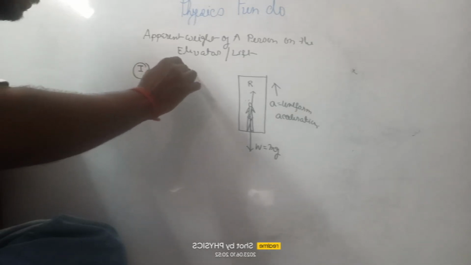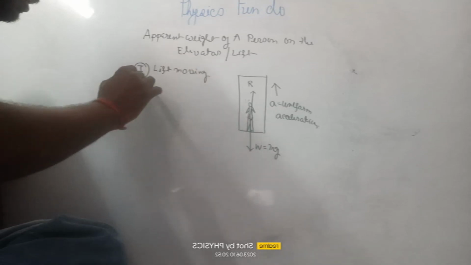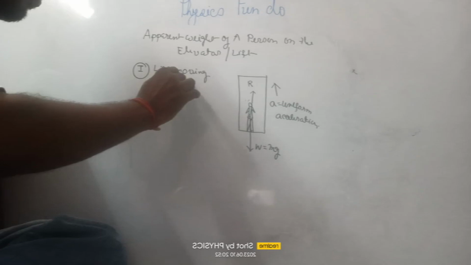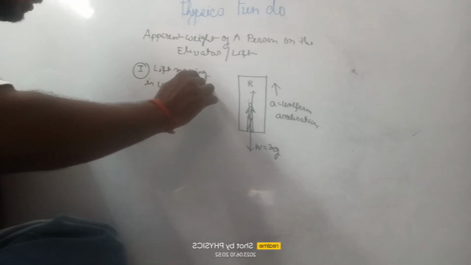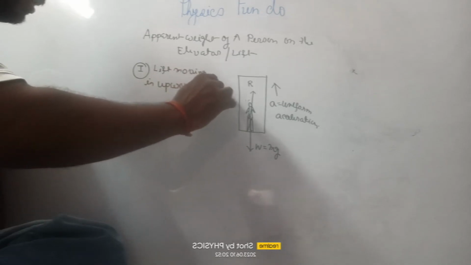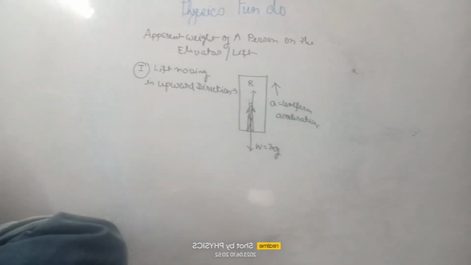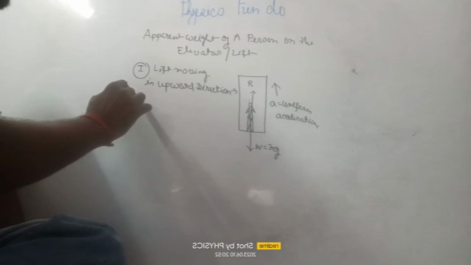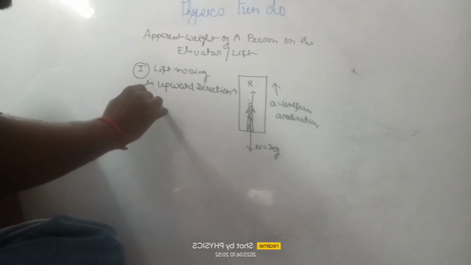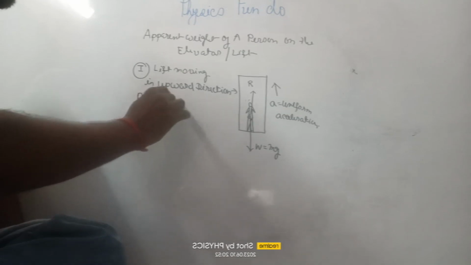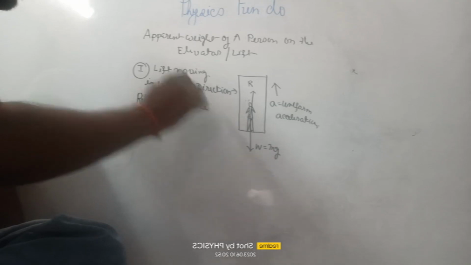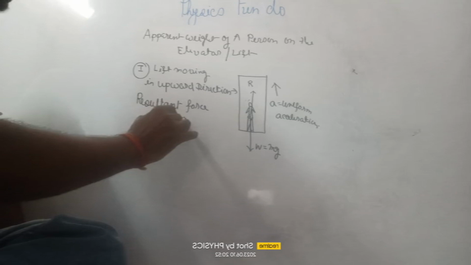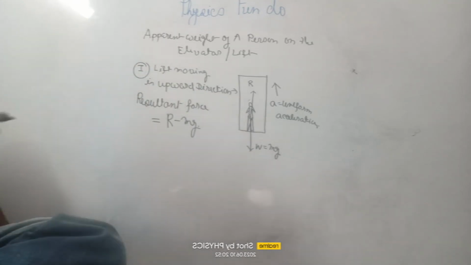Now the lift is moving in the upward direction. So the resultant force is equals to R minus mg.